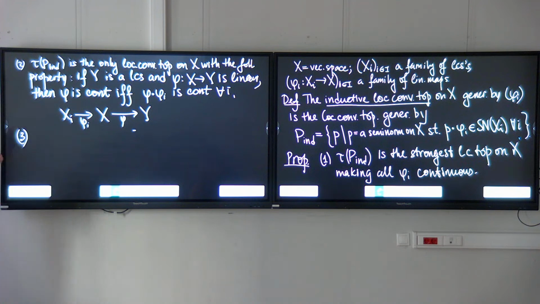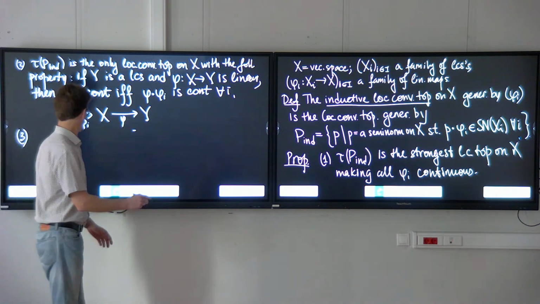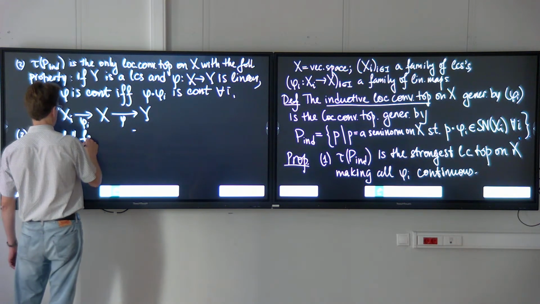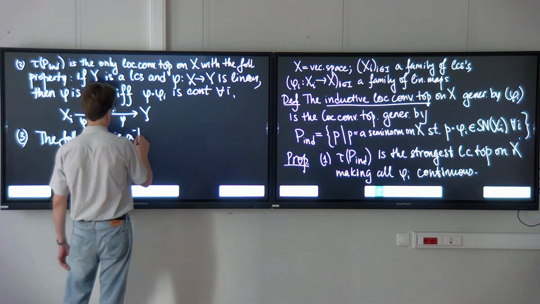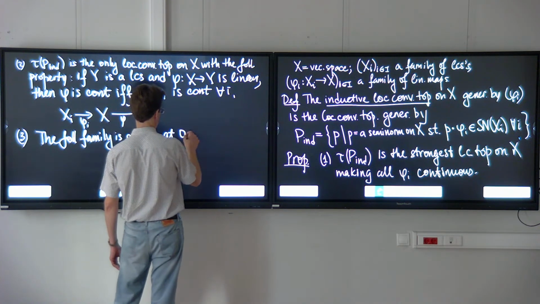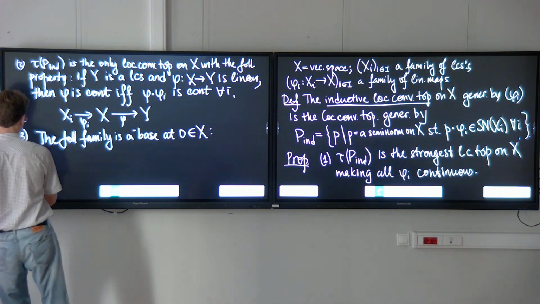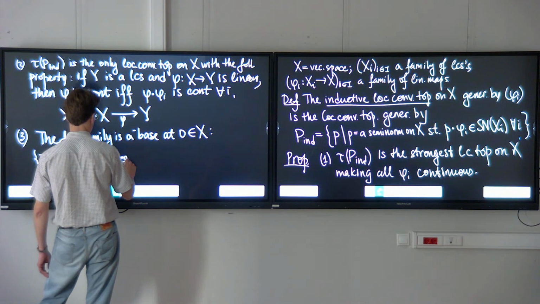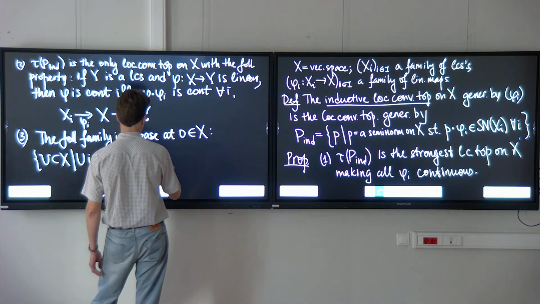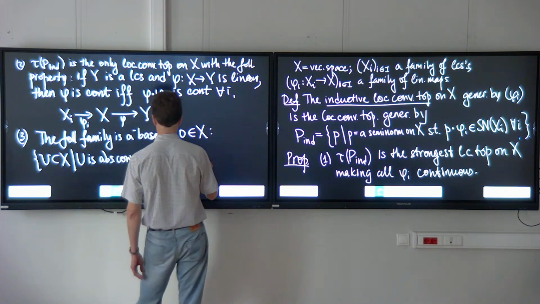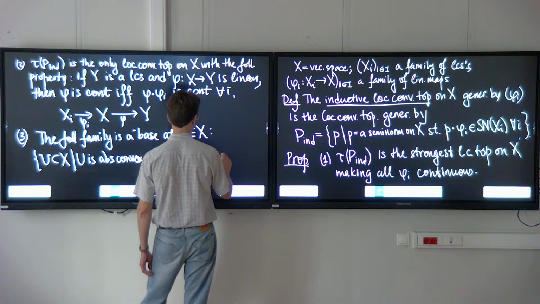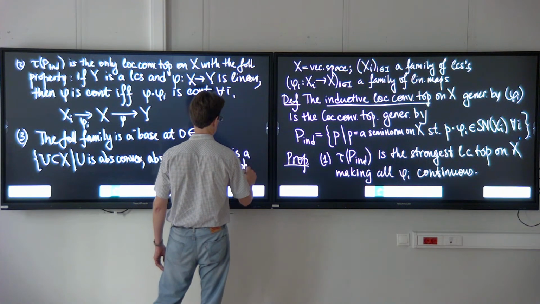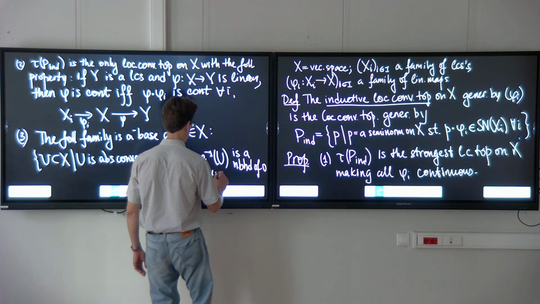And property 3 describes a base of neighborhoods of 0 in X. So the following family is a base at 0 in our space. It consists of those subsets U of X such that U is absolutely convex, absorbing, and such that the preimage of U under phi_i is a neighborhood of 0 for every i.